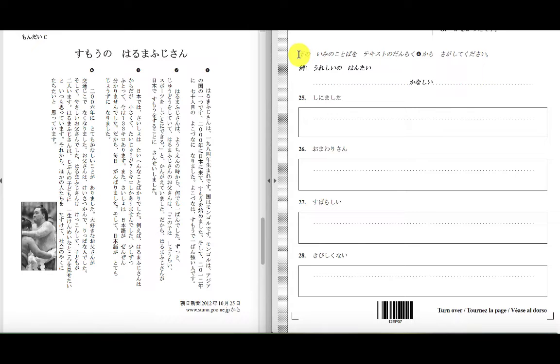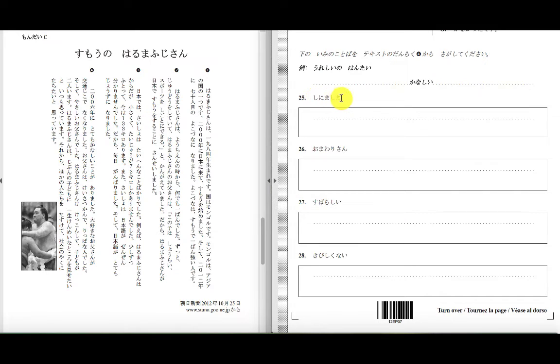So as soon as you see that shita no imi no kotoba, you know that you are looking for words in the text from the location given, if it's given, which have the same meaning as the words in the question. Now, you are not answering the question. You are looking for synonyms in the text.